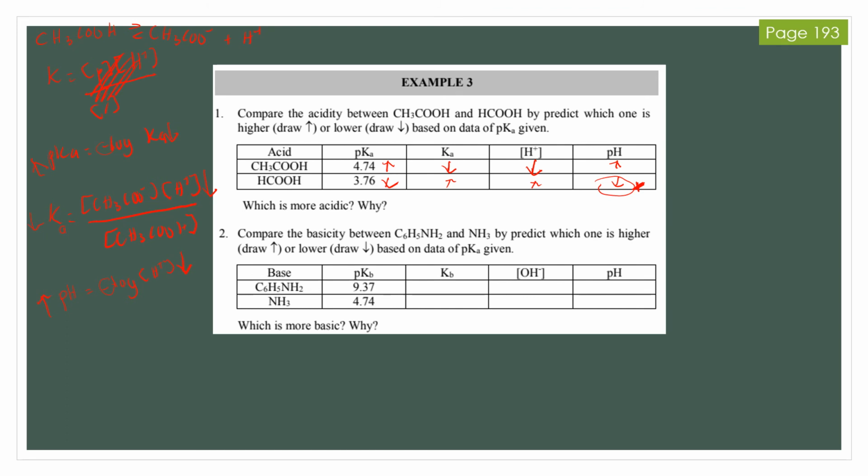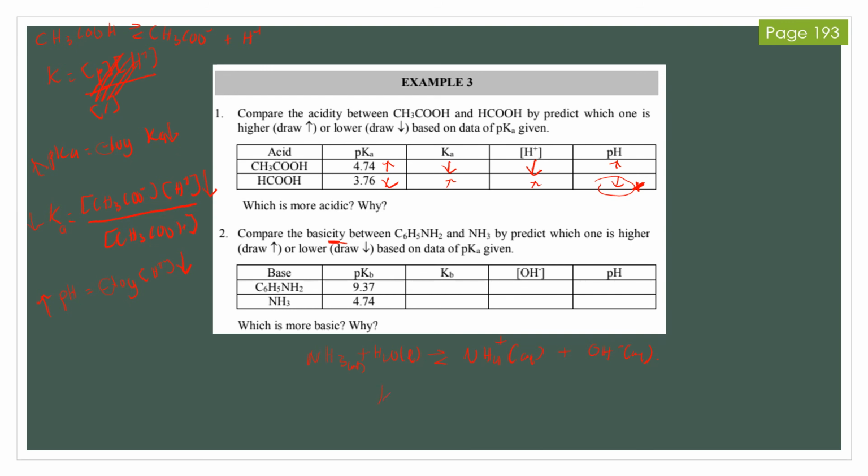Question number 2, compare the basicity pula. Sama juga kan? Okay, yang ni pun sama. Kita buatlah satu kat sini. Kita tulis satu. NH3 plus H2O liquid, ini aqueous, to form the NH4 plus aqueous plus with the OH minus aqueous.